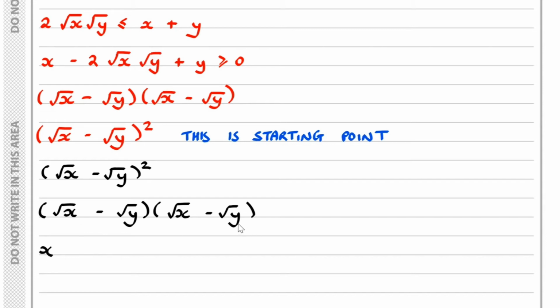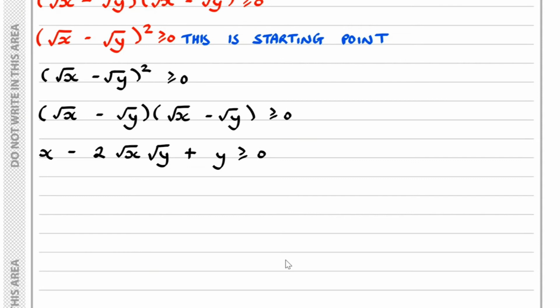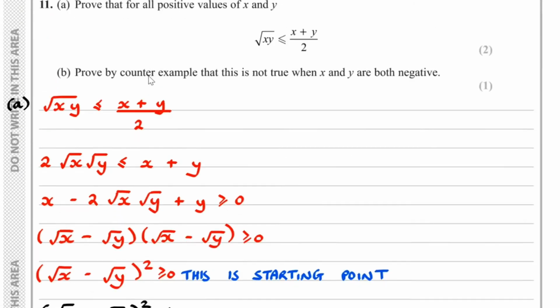Square root x times minus square root y twice will be minus 2 lots of square root x times square root y, and minus square root y times minus square root y, that will be positive y. And I just forgot to add on, this is all greater than or equal to 0. And so we want to get to this line here.